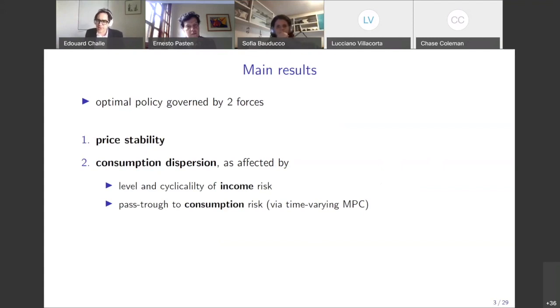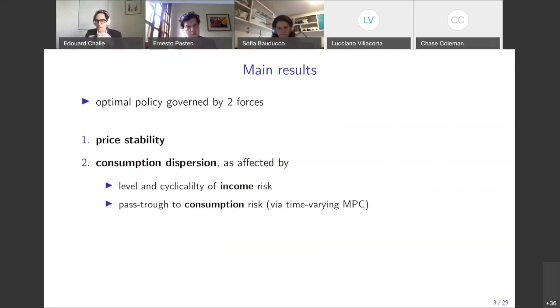And what we stress here is that consumption dispersion is not only affected by the cyclicality of the income risk that agents face, it's also affected by the pass-through from income risk to consumption risk. People do not directly derive utility from income, they derive utility from consumption, and between income and consumption there are decisions, and in particular there are savings decisions.